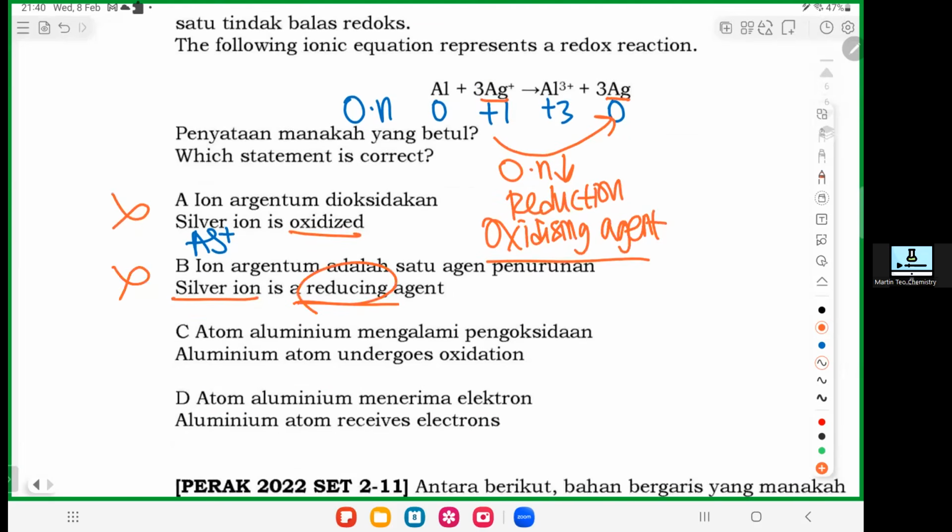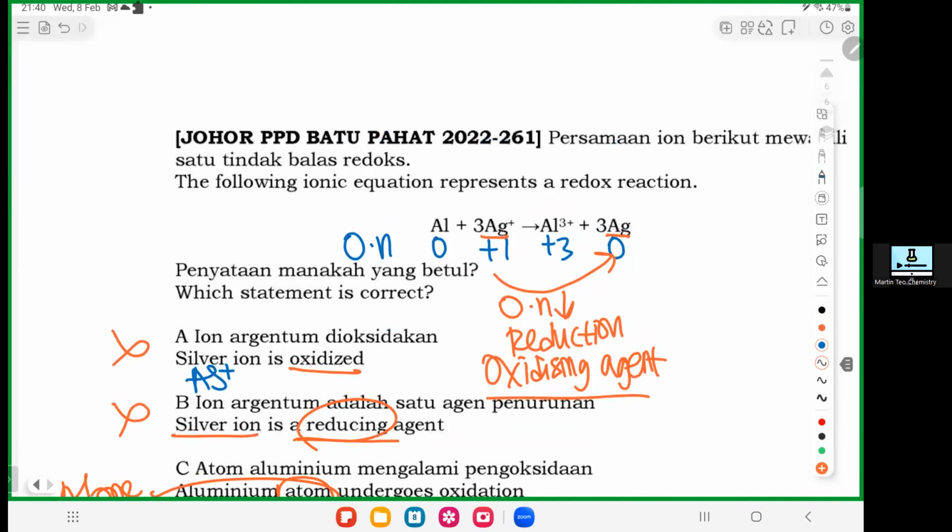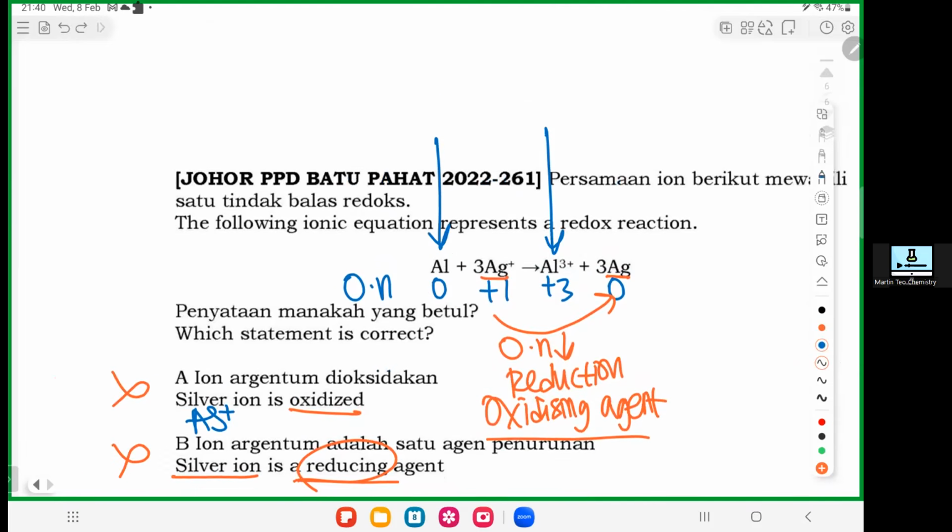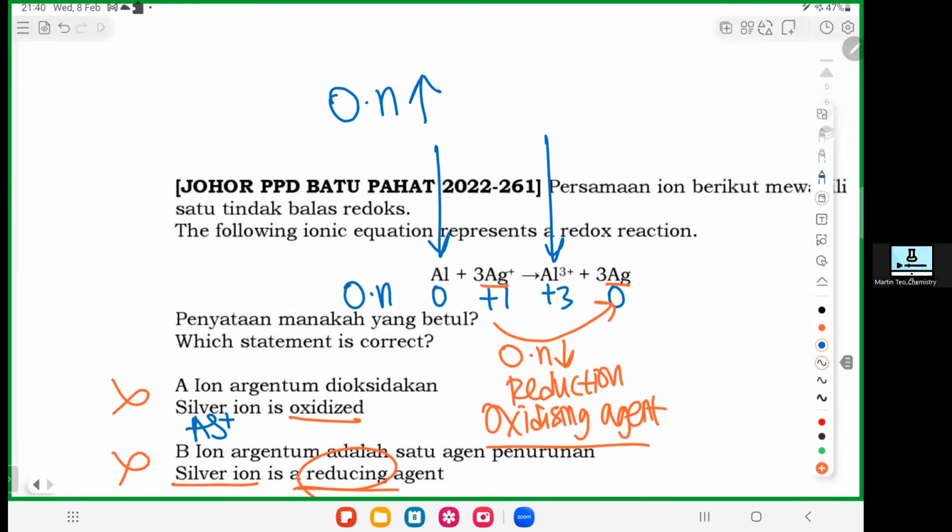Answer C, aluminium atom undergoes oxidation. So who is the aluminium atom? Atom means alone. Anything alone is an atom. So who is the aluminium atom? This one, aluminium coming alone. When you do apple to apple comparison, this aluminium is 0, and this aluminium is +3. So 0 and +3, the oxidation number shoots up. When the oxidation number shoots up, the process is oxidation.